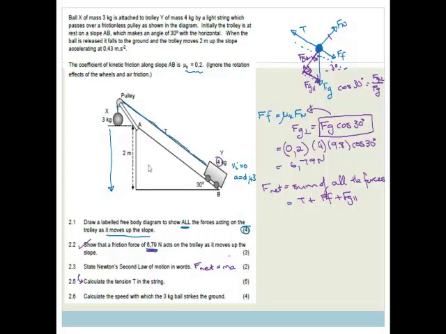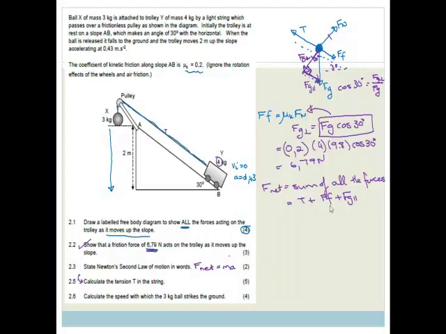There are 3 forces acting on this object as it goes up the slope. It is the force of gravity parallel, that component of the force of gravity, the force of friction, and tension. And you will notice that I've just done pluses here because remember that the net force is equal to the sum of all the forces.